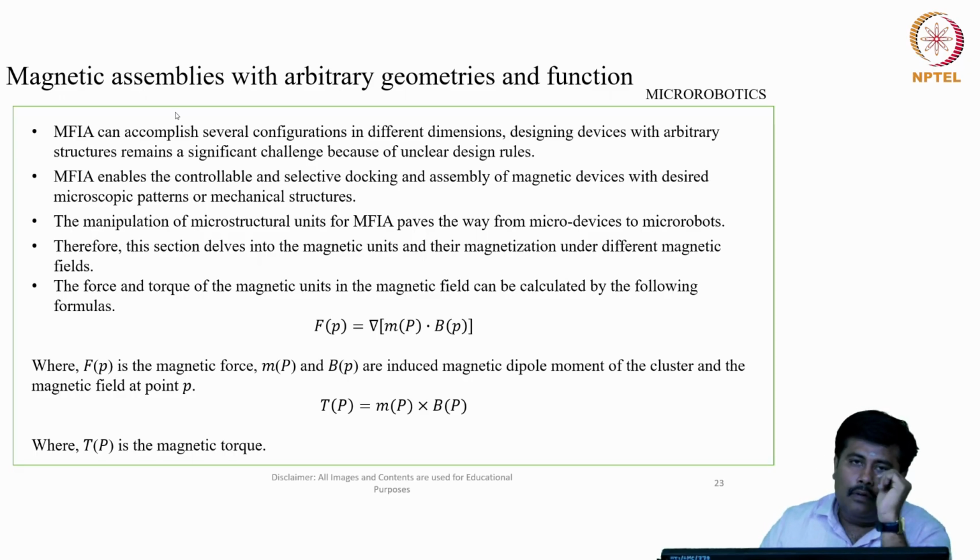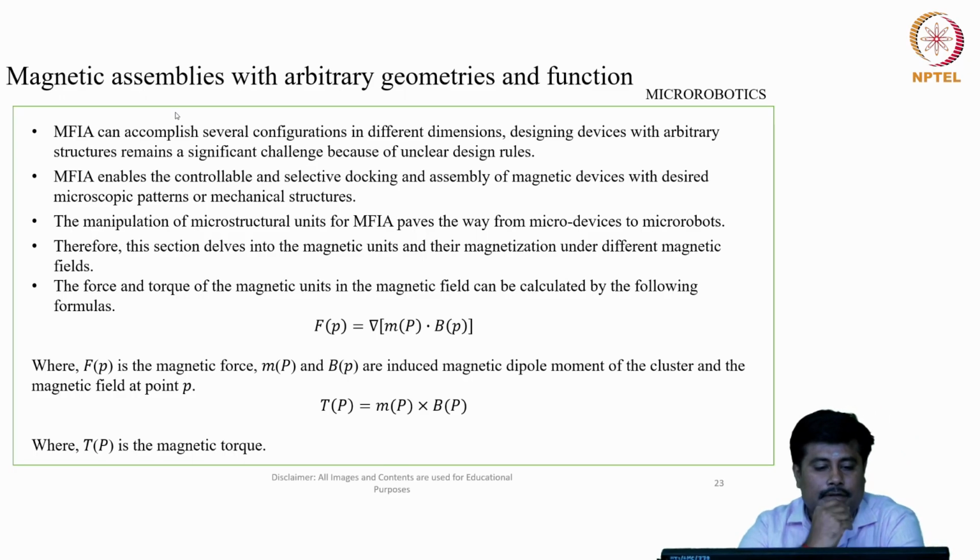Now let us see the overall behavior of these magnetic assemblies. These magnetic assemblies will collaborate with arbitrary geometries and functions. They can accomplish several configurations in different dimensions, though designing devices with arbitrary structure remains a significant challenge because of unclear design rules. They enable controllable and selective docking and assembly of magnetic devices with desired microscopic patterns or mechanical structures.